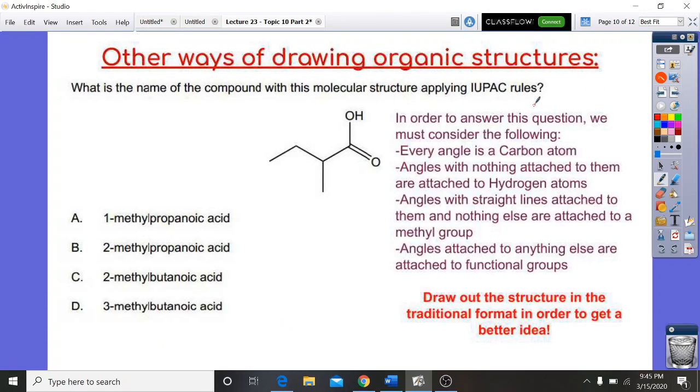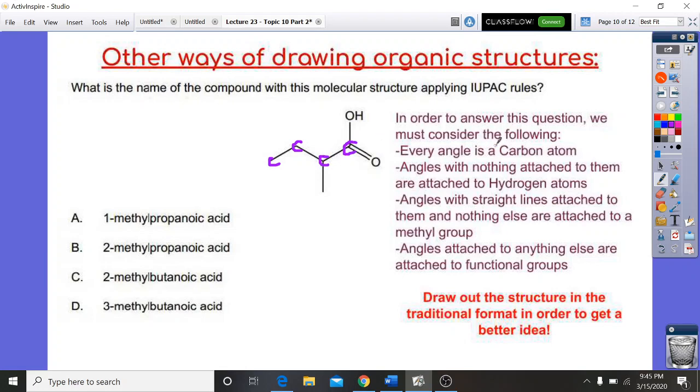This is one other way that you'll see different organic structures drawn. Every edge here is a carbon. So every angle is a carbon atom. So that means here we have carbon, carbon, carbon, and carbon.